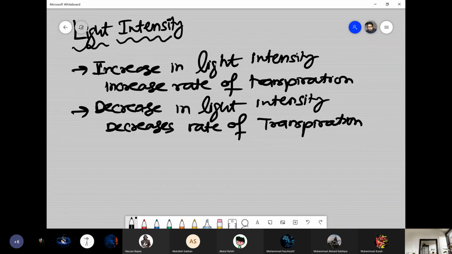So it also shows us that even light intensity is directly proportional to transpiration.